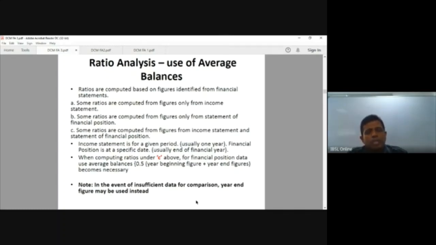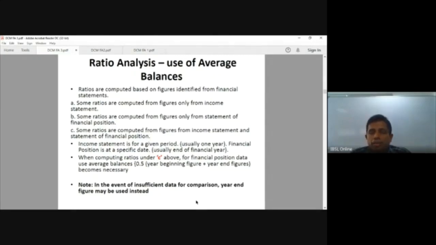Ratios are computed based on figures identified from the financial statements, right? Normally we take figures from the financial statements. Then point A. Some ratios are computed from figures only from the income statement, right?